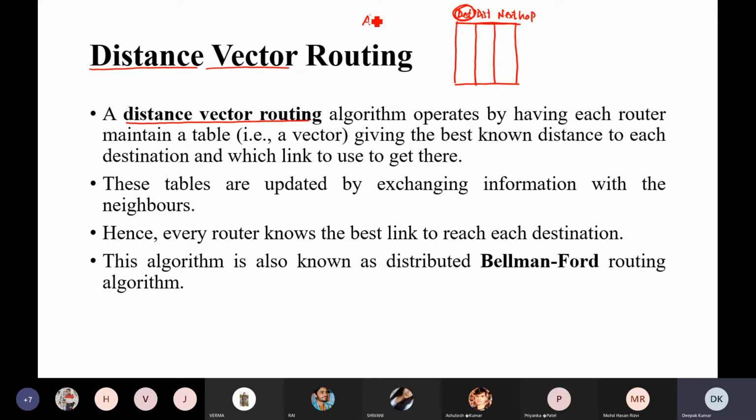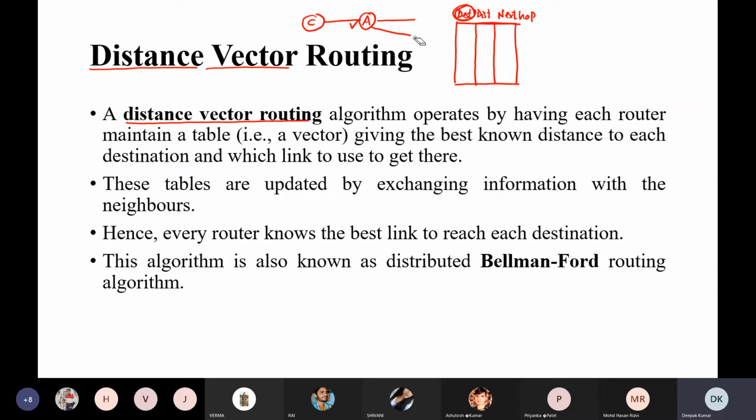Node A is the starting node, and adjacent to it is node B, so the destination node for A will be B. If it is connected to another node, then C will be another destination node. Destination nodes mean all the available nodes in the network, not just the adjacent ones.